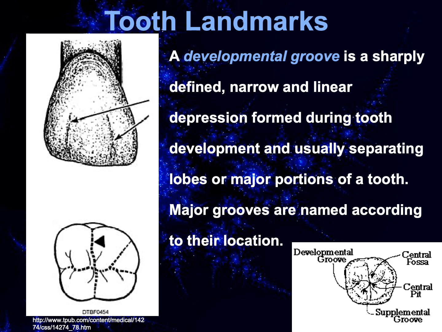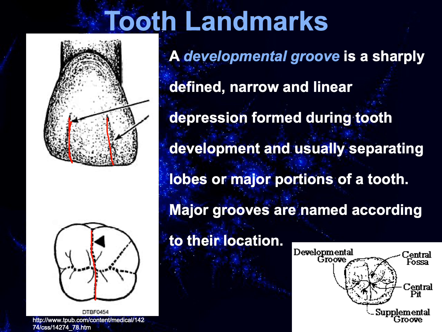A developmental groove is a sharply defined, narrow and linear depression forming during tooth development and usually separating lobes or major portions of the tooth. We will define lobes later. So this is a developmental groove which separates major portions of the tooth.